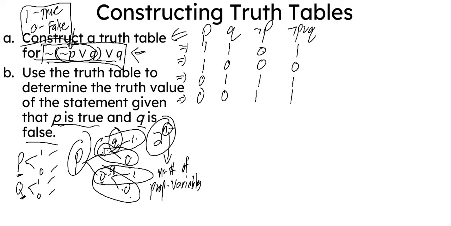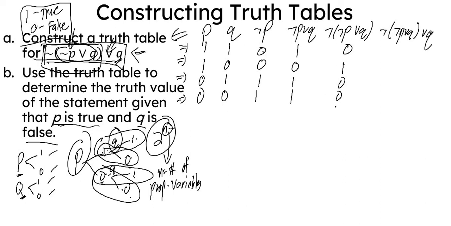But we have to make sure that it's not not. It's the not of not P or Q that is disjuncted or is with or Q. So we have to get the not of not P or Q. And not 1 is 0, not 0 is 1, not 1 is 0, not 1 is 0. And then now this is what we have to disjunct with Q. So I would now have to compare this and this one here.